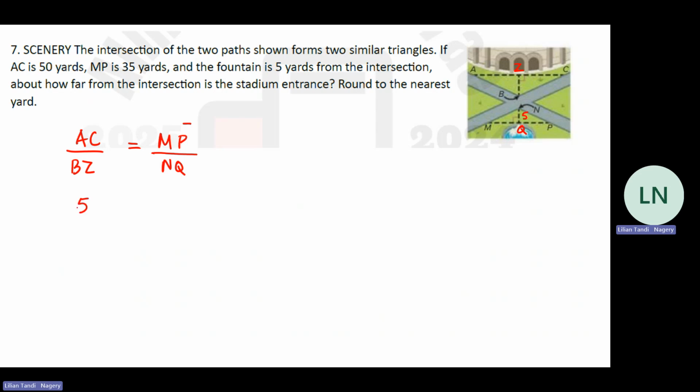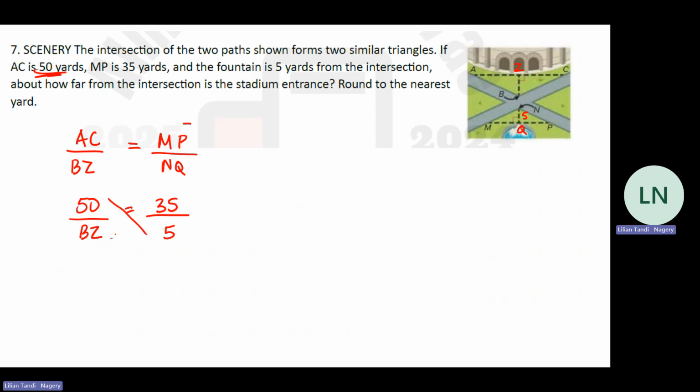AC we know is 50. BZ is what we want to find out, the distance from here to here. MP is 35 and NQ is 5.